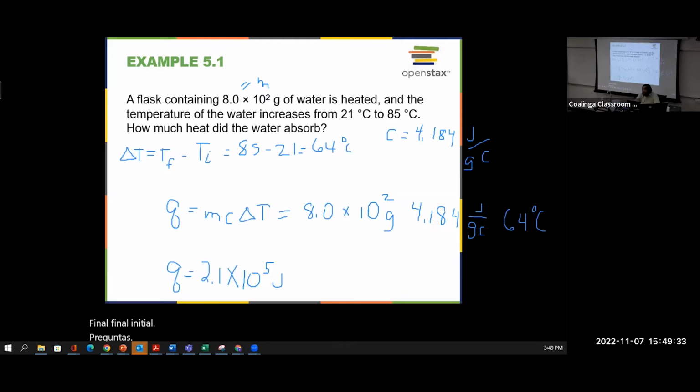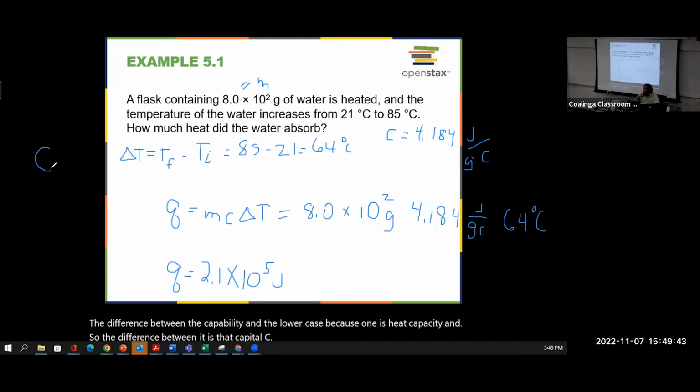What is the difference between the capital C and the lowercase c? Because one is heat capacity, the other one's specific heat capacity. The difference is that capital C already has the mass incorporated.